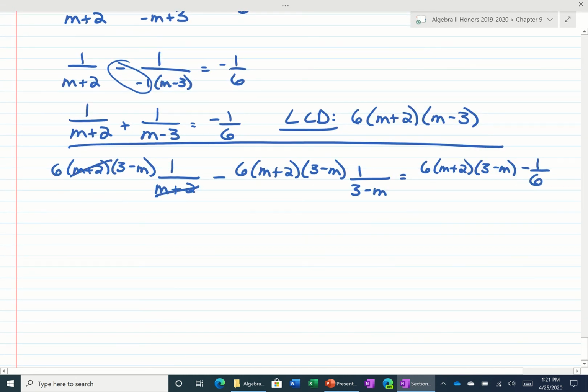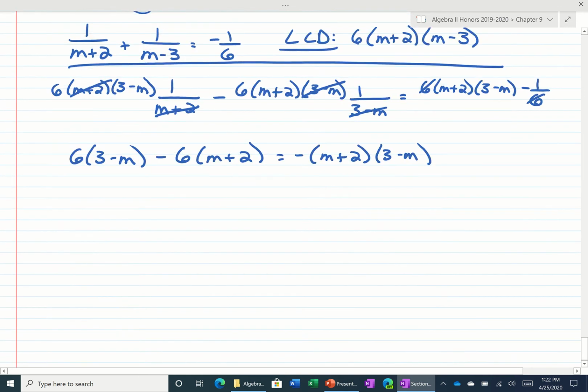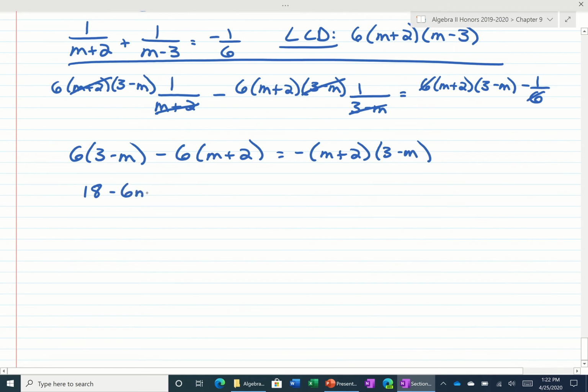Alright, so let's see here. These would cancel. This is kind of like a fun part, I think, where you cancel out what you're multiplying and dividing by. So we just wind up with 6 times 1 times 3 minus m, and then minus 6 times m plus 2 is equal to negative 1 times m plus 2 times 3 minus m. This would be 18 minus 6m minus 6m minus 12 is equal to minus, this would be 3m minus m squared plus 6 minus 2m.